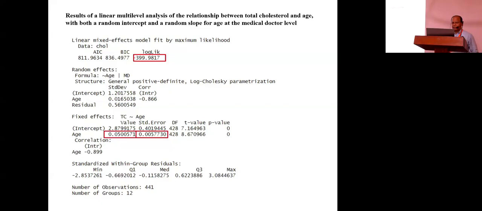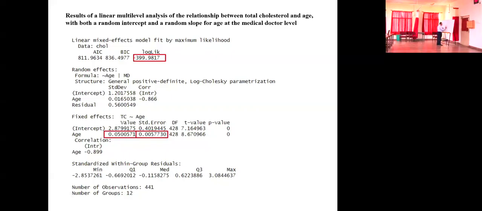Now the standard deviations are here, the variabilities are here. The variability due to intercept is 1.2. Variability due to age is 0.01. The residual variability is 0.56. So therefore, how do I calculate my ICC in the model after introducing your random slope? What is the concept of ICC? Total variability comes in the denominator.